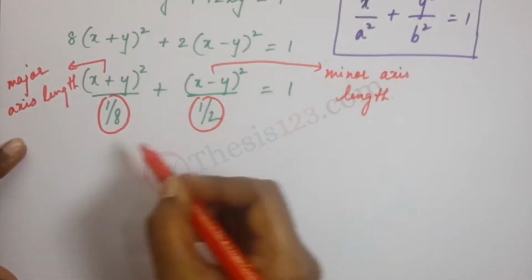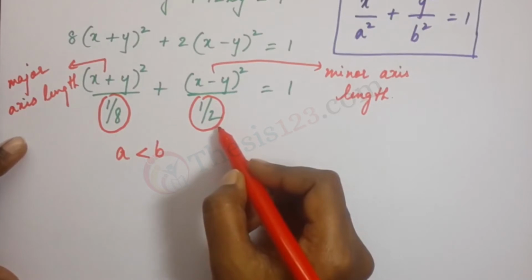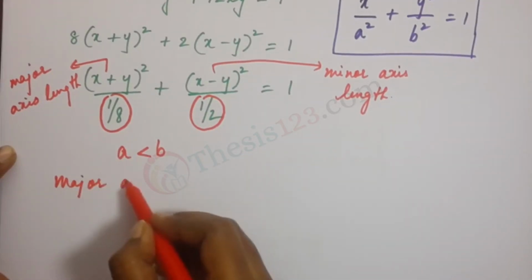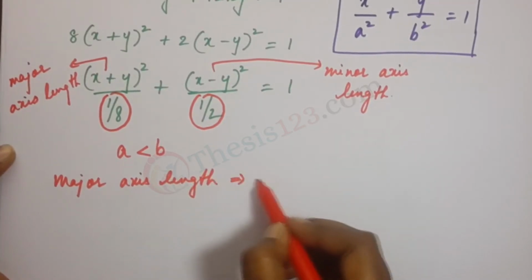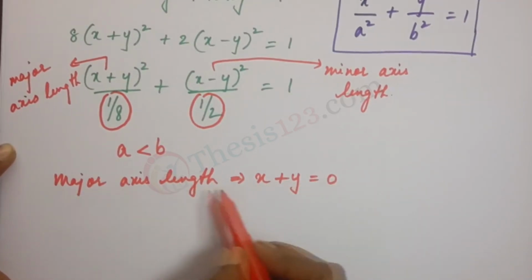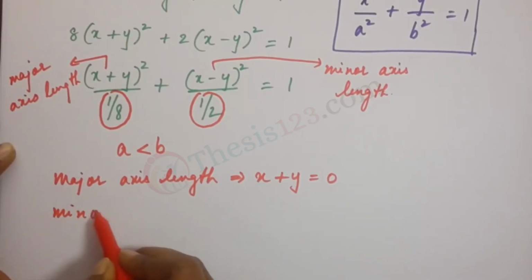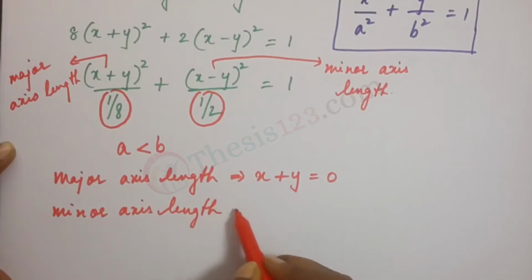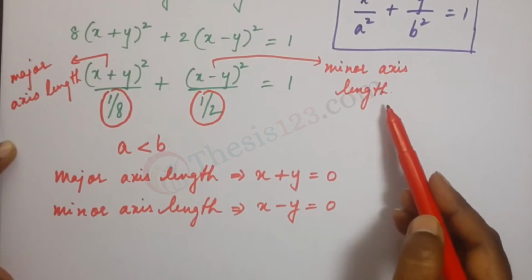Okay, so here we have a is less than b, 1 by 8 is less than 1 by 2. So the major axis lies along x plus y is equal to 0, and the minor axis lies along x minus y is equal to 0.